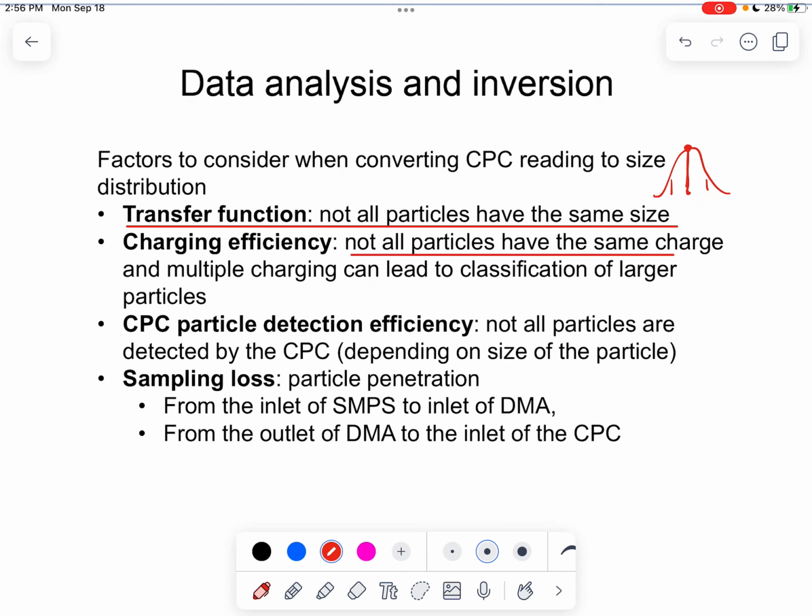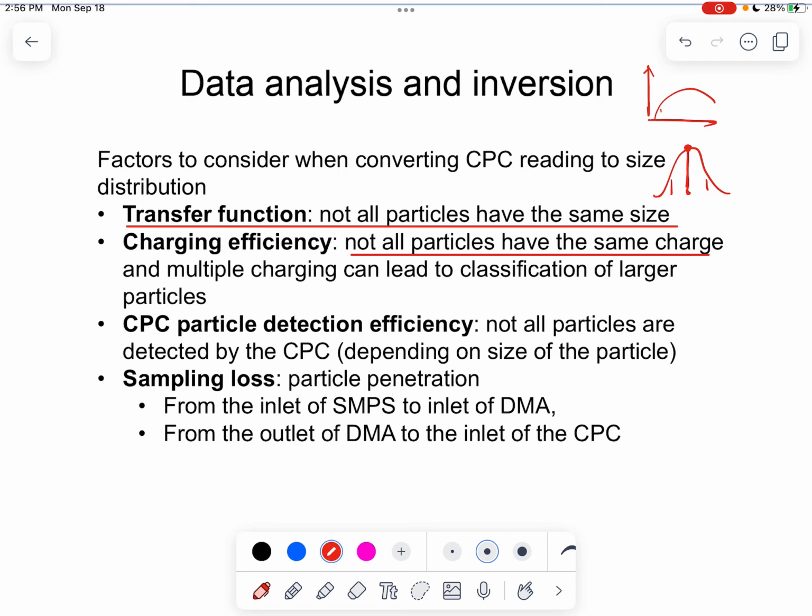And also not all of the particles are getting charged, right? We have this charging probability, right? So only a fraction of them are getting charged, right? So how do we find out the uncharged particle concentrations? Because eventually when we talk about the size distribution, we don't care whether they're charged or not, right?